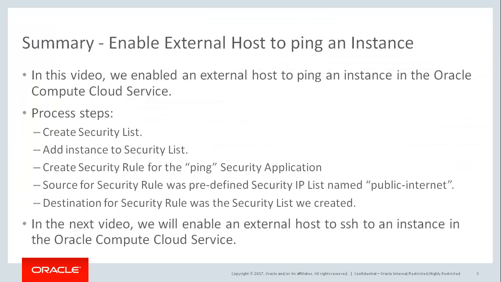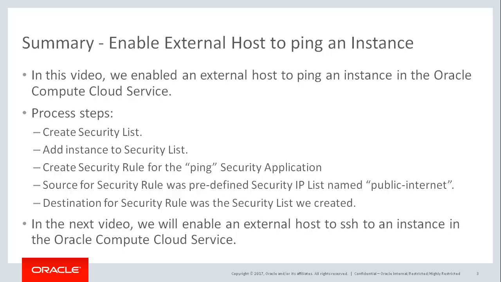To summarize, in this video we configured the networking to enable an external host to ping an instance in the Oracle Compute Cloud Service. This process required us first to create a security list. We then added our instance that we wanted to ping to the security list. We then created a security rule for the ping security application.